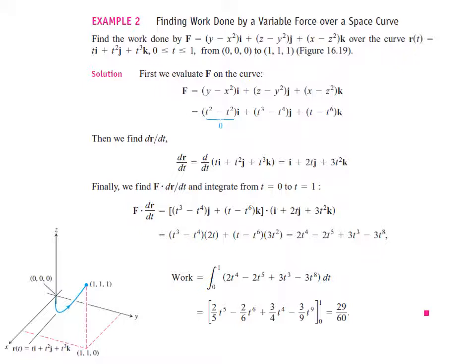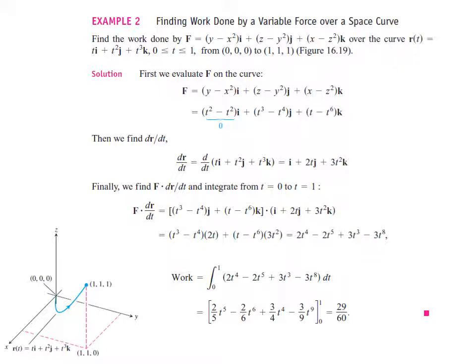So let us find out F dot dr by dt, and then integrate this function with respect to t from t equal to 0 to 1. F is written in terms of t, that is 0 into i cap plus (t cube minus t to the power of 4) into j cap plus (t minus t power 6) into k cap.